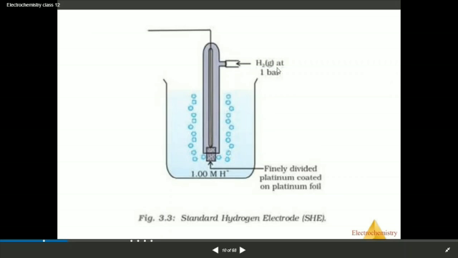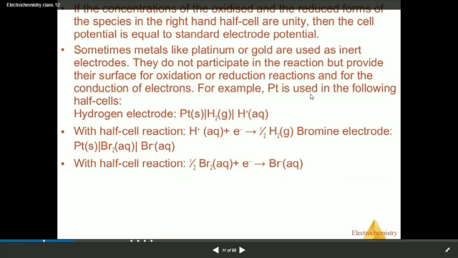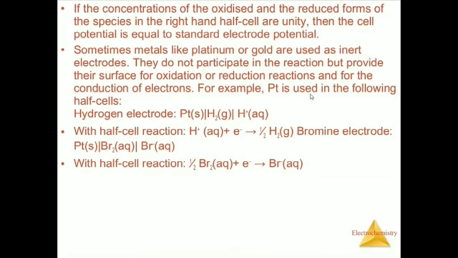The pressure of this gas is 1 bar. If the concentration of the oxidized and the reduced forms of the species in the right hand half cell are unity, as in the standard hydrogen electrode, then the cell potential is equal to the standard electrode potential.